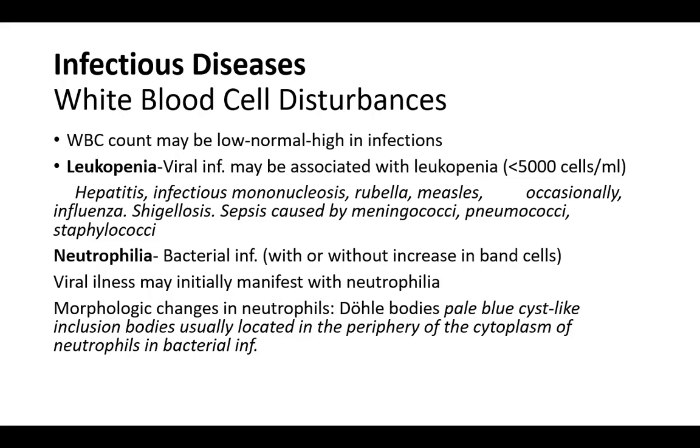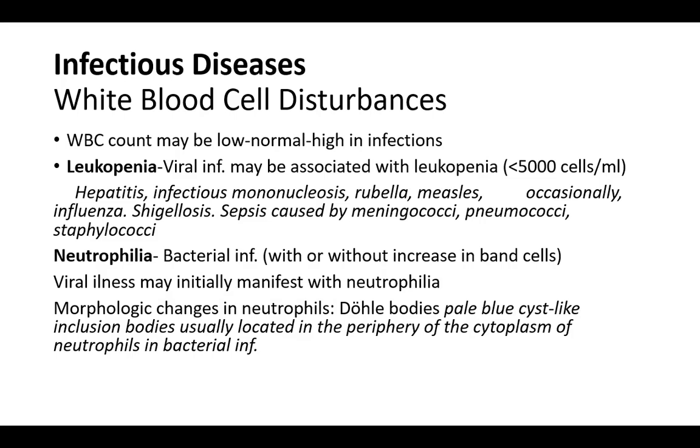But bacterial infections are usually, as you know, associated with neutrophilia or leukocytosis. Also, you should keep in mind that although most viral diseases present with leukopenia, they may at first manifest themselves with neutrophilia or leukocytosis in the first days of the infection.